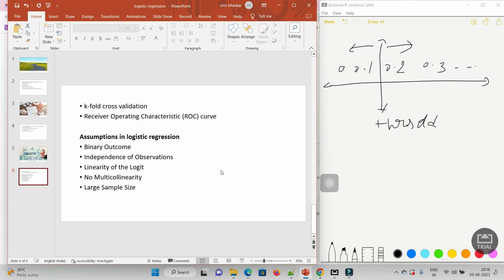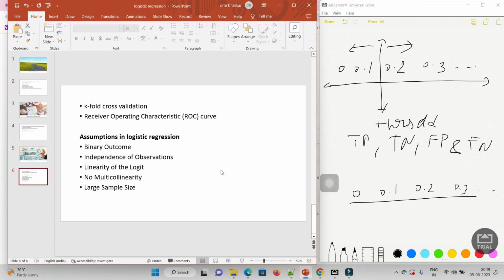By doing that, we calculate our true positive, true negative, false positive, and false negative. This is one step. For the second step, what will we do? Same line 0.1, 0.2, 0.3, and so on.